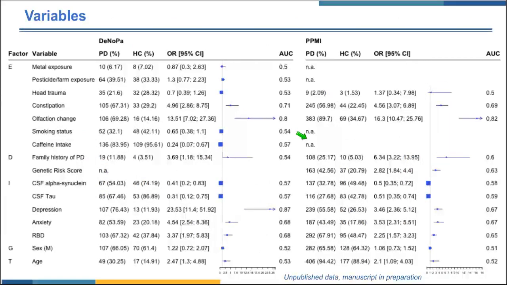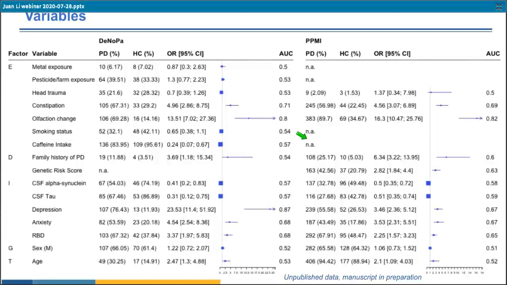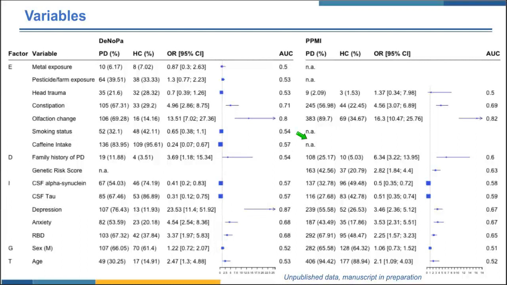This is the list of wearables that we are interested in for each factor, and I will go into a more detailed description of each. Before that, I just want to explain the measurements I reported here. For example, for metal exposure, the 10 is for inside PD patients: 10 people reported they have been exposed to metal, more like working in metal-related fields, and this is the percentage.